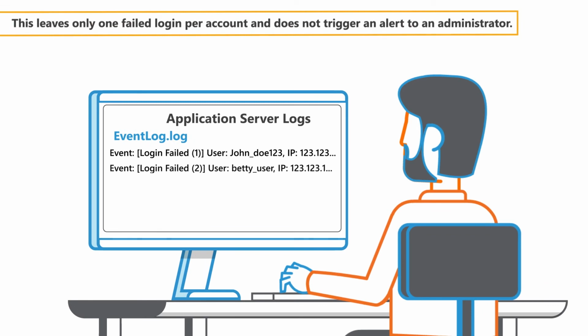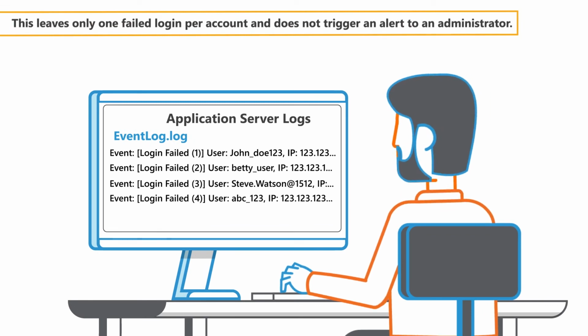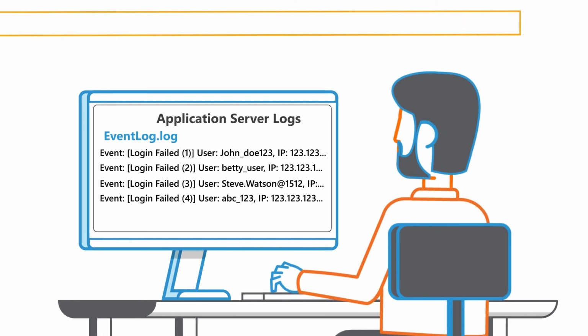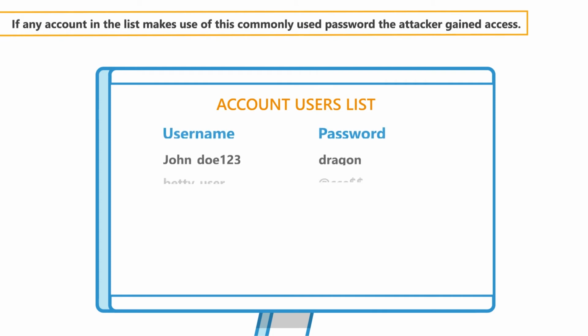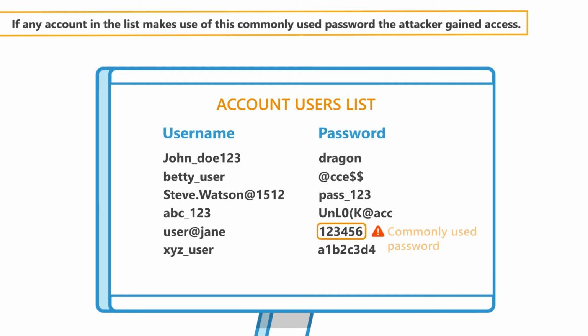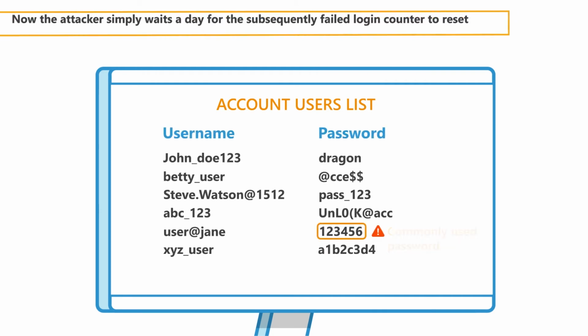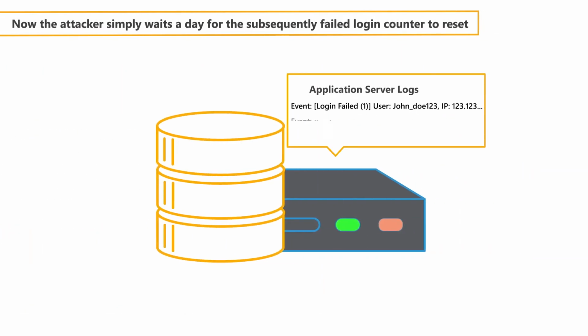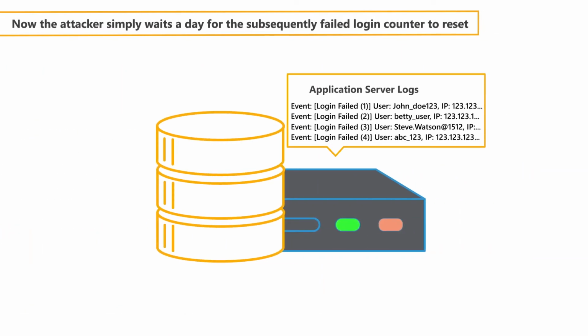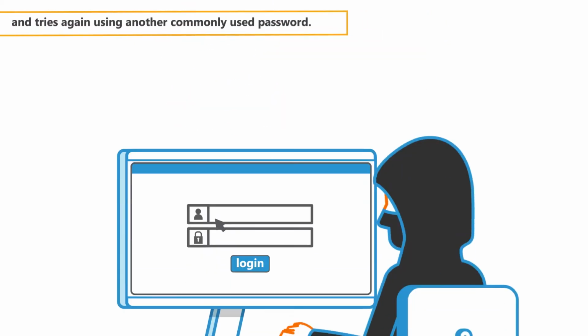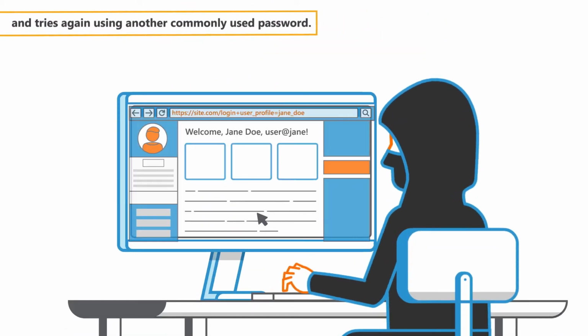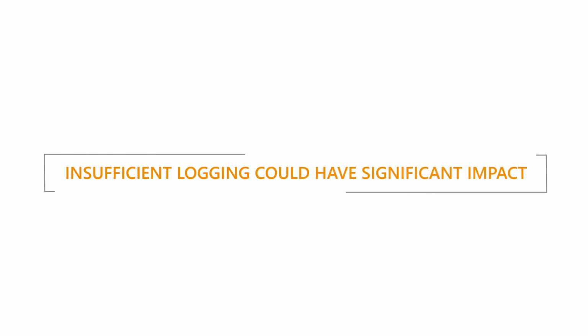This leaves only one failed login per account and does not trigger an alert to an administrator. If any account in the list makes use of this commonly used password, the attacker gained access. Now the attacker simply waits a day for the subsequently failed login counter to reset and tries again using another commonly used password.